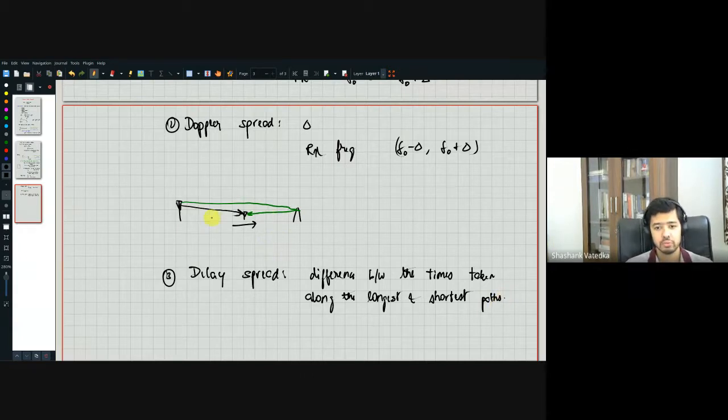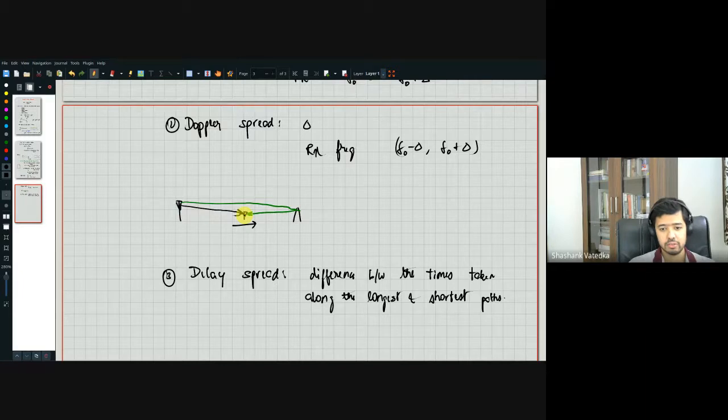So in this particular example, it is the difference between the time taken by the signal to propagate along the green path minus the time taken to propagate along the black path. Okay, so if the delay spread is significantly large, then there's a spillover of the energy transmitted at the current instant, which spills over to the next time instant or maybe time instants after that.